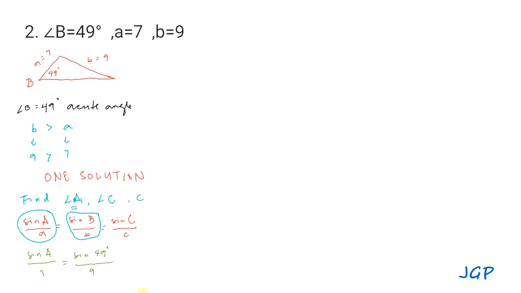And by cross multiplication, we have now, proceed tayo dito. We have now 9 sine of angle A is equal to 7 times sine 49 degrees. And since we're looking for the angle A, we need to divide both sides by 9 para ito maging 1 na lang siya.